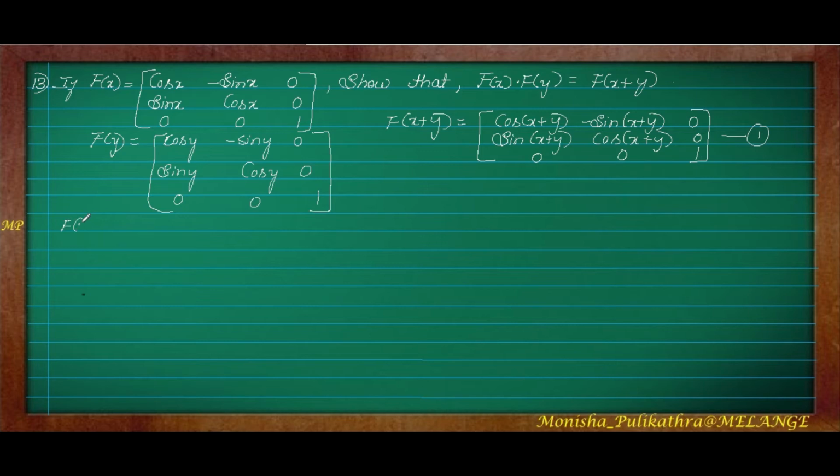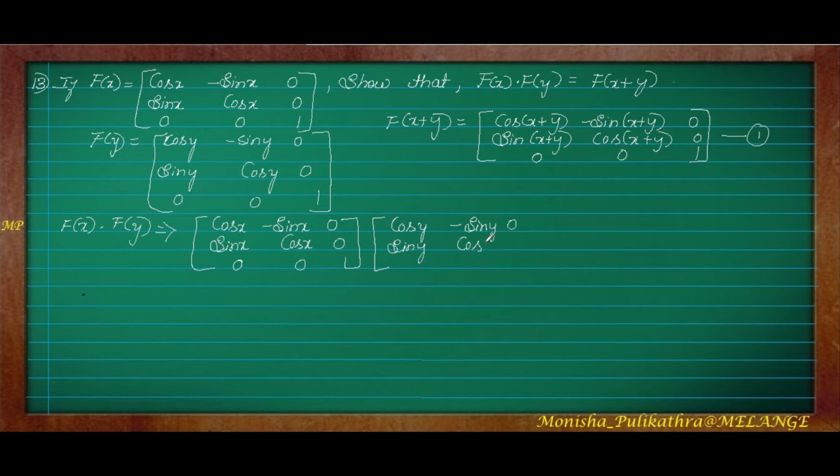So now we have to multiply f(x) into f(y). That is [cos x, -sin x, 0; sin x, cos x, 0; 0, 0, 1] times [cos y, -sin y, 0; sin y, cos y, 0; 0, 0, 1].